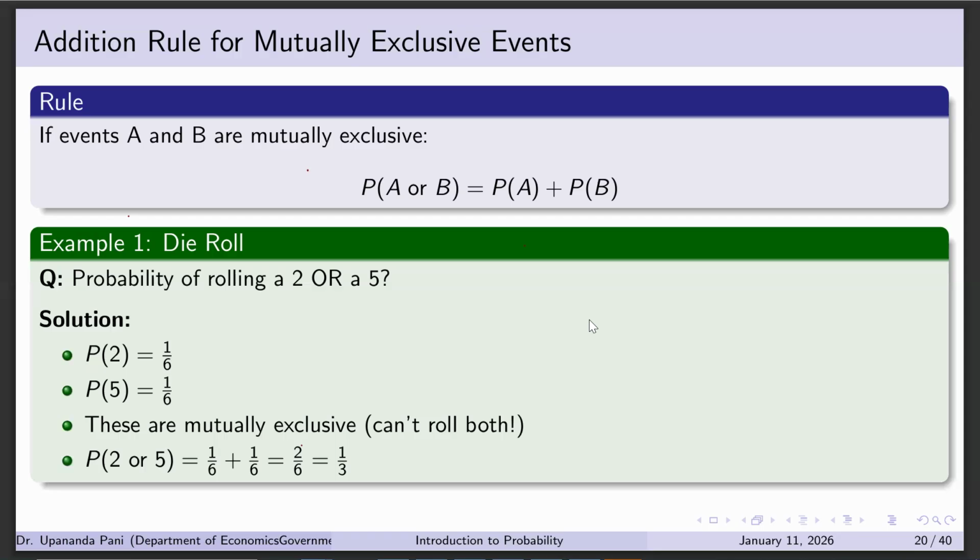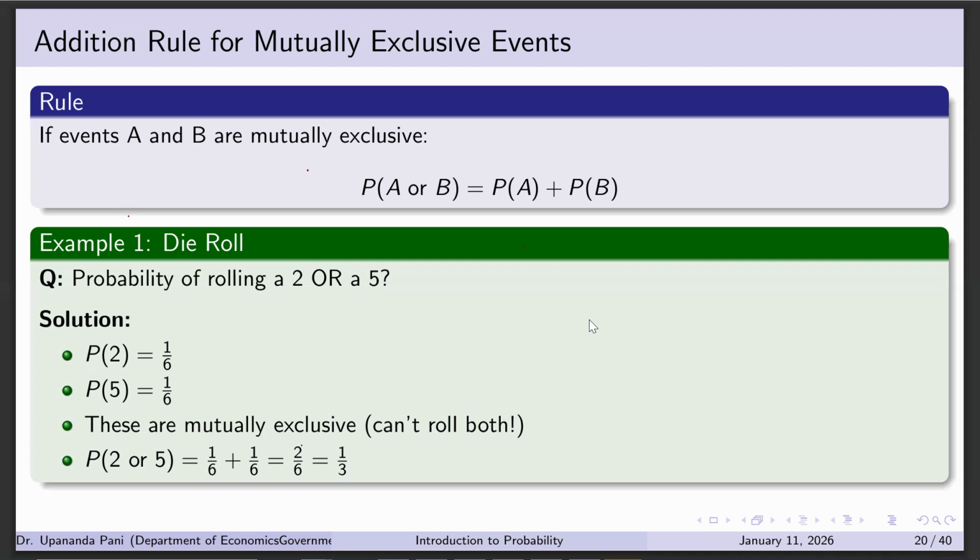No, sir, I knew earlier. Then you should have told instantly, no? 1 by 6 plus 1 by 6. At least that much you should have told. Knowing and not telling is equivalent to not knowing.